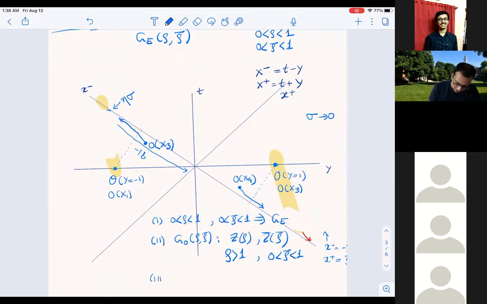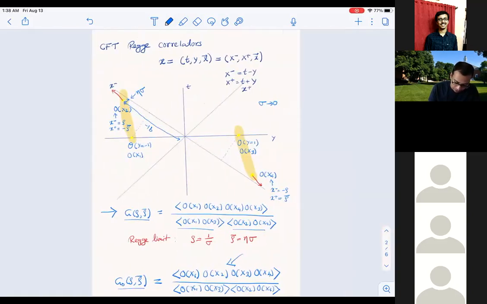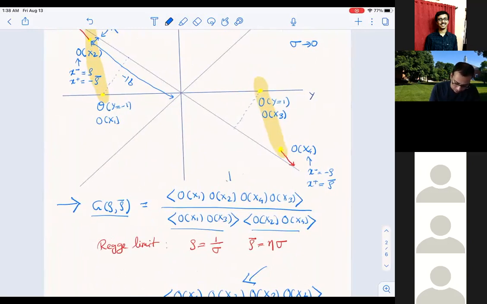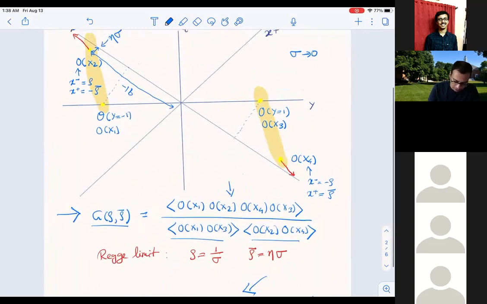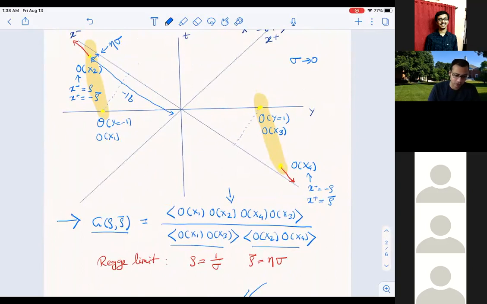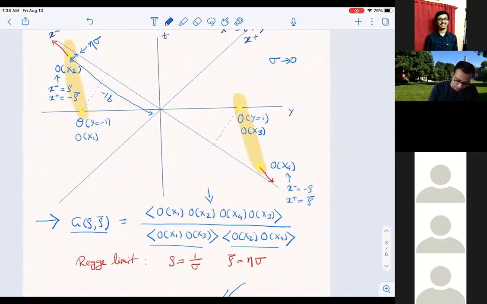And the third is the Regge correlator, where the operators are exactly at the same position, but the ordering is different. This is the ordering, and if you check, it's not time ordered. It's an out-of-time-ordered correlator.